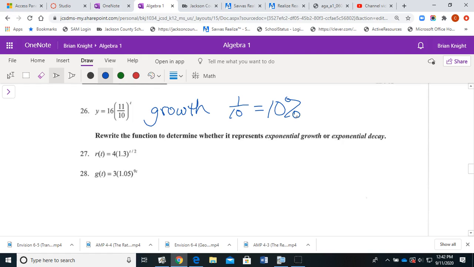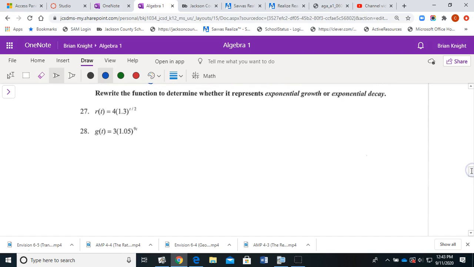These last two, you're doing the same thing. You don't have to tell me the rate this time, but they are a little different. This one is not to the t power, it's to the t over 2 power. We got to get rid of that part. So I'm going to rewrite it by moving that 1/2 power to the inside.